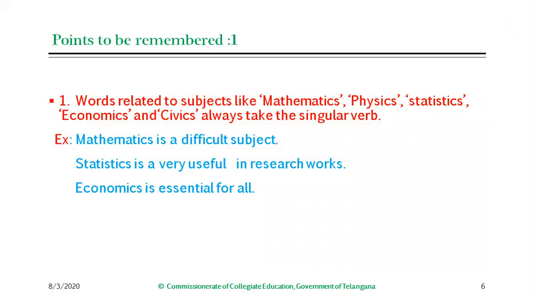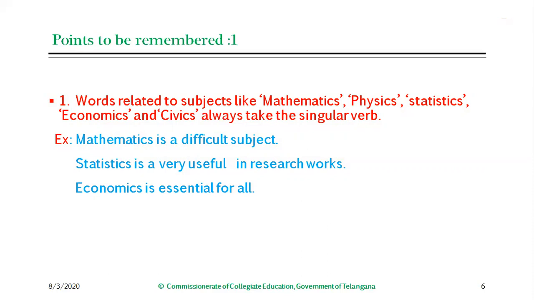Mathematics is singular subject. So mathematics is a difficult subject. Statistics, likewise, is not plural. It is a singular subject. So statistics is very useful in research works. Economics is essential for all.